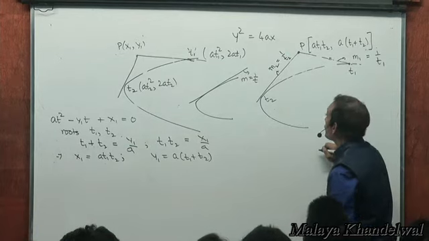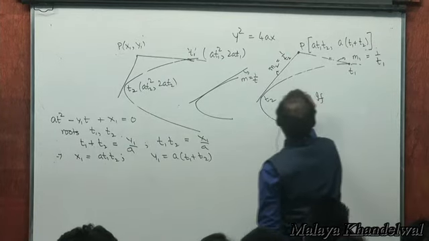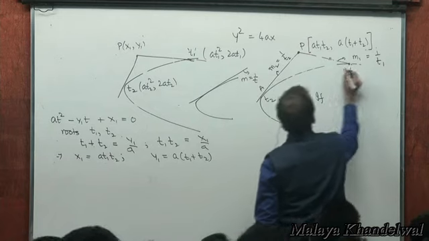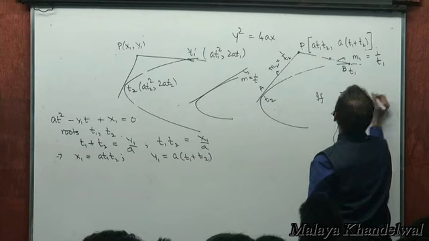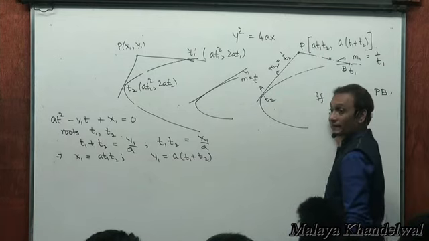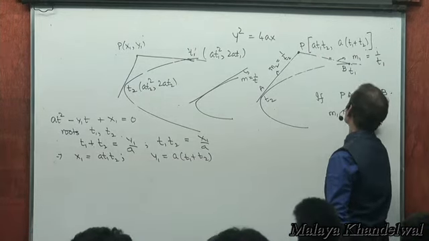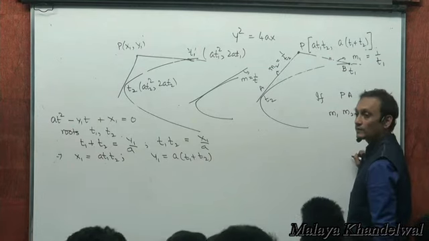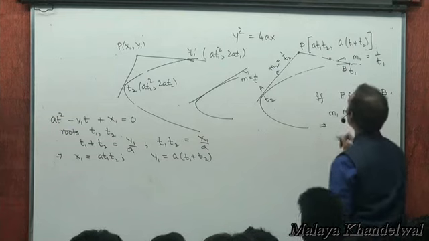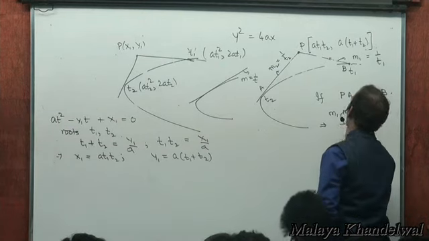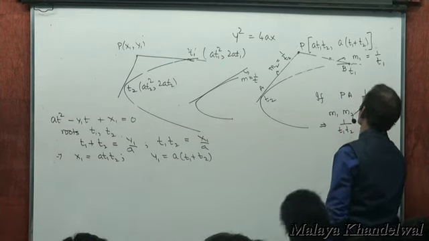Right? Now, let me call it AB. If tangent PA is perpendicular to tangent PB, then M1 M2 would be minus 1. Yes or no? If M1 M2 is minus 1, it means 1 by t1 t2 is minus 1.